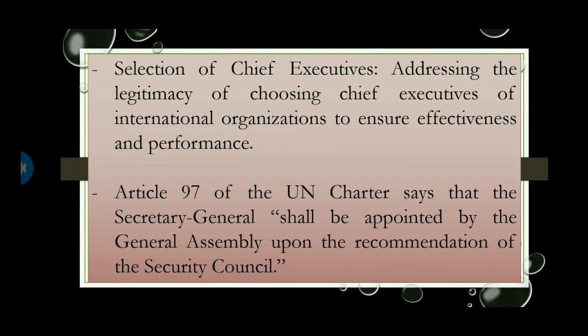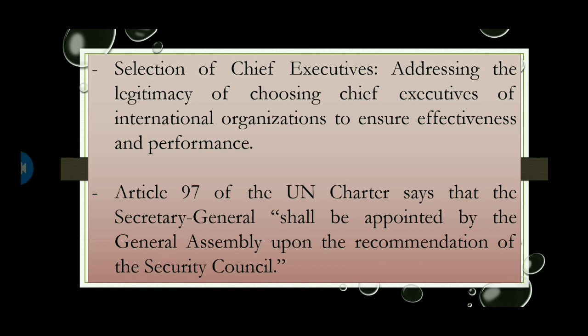Selection of chief executives. Addressing the legitimacy of choosing chief executives of international organizations to ensure effectiveness and performance. Okay, Article 97 of the UN Charter says that the Secretary General shall be appointed by the General Assembly upon the recommendation of the Security Council.